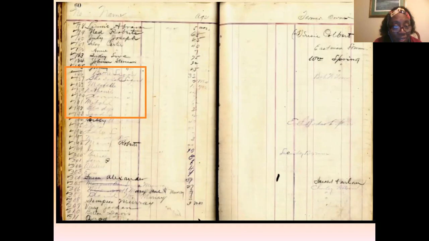You see everyone else in the household as well. And to the left of her name, you'll see those numbers 186, 187, 188, 189. They correspond to those numbers that were written on the front of her enrollment card. So every piece of data that's written on those cards is important. You want to look at that information because it's pointing you to something else.